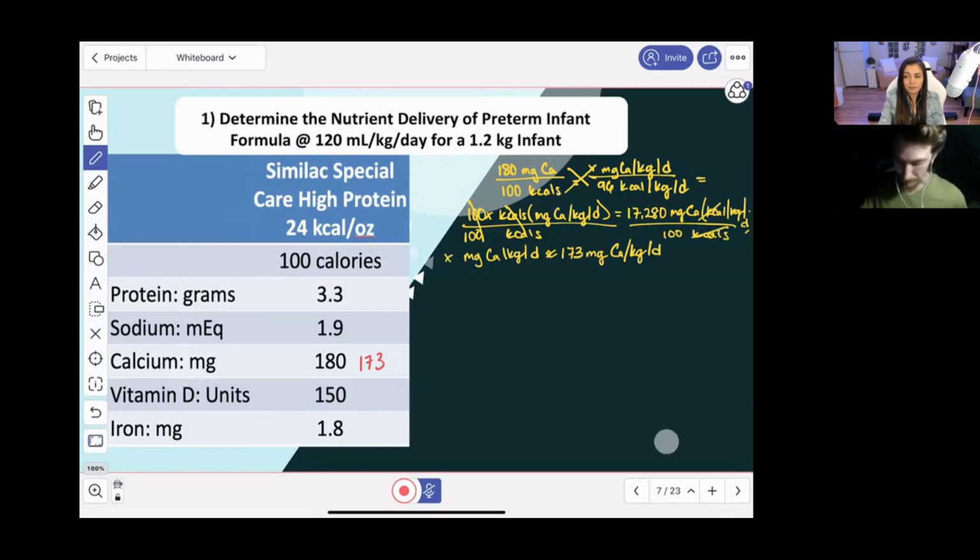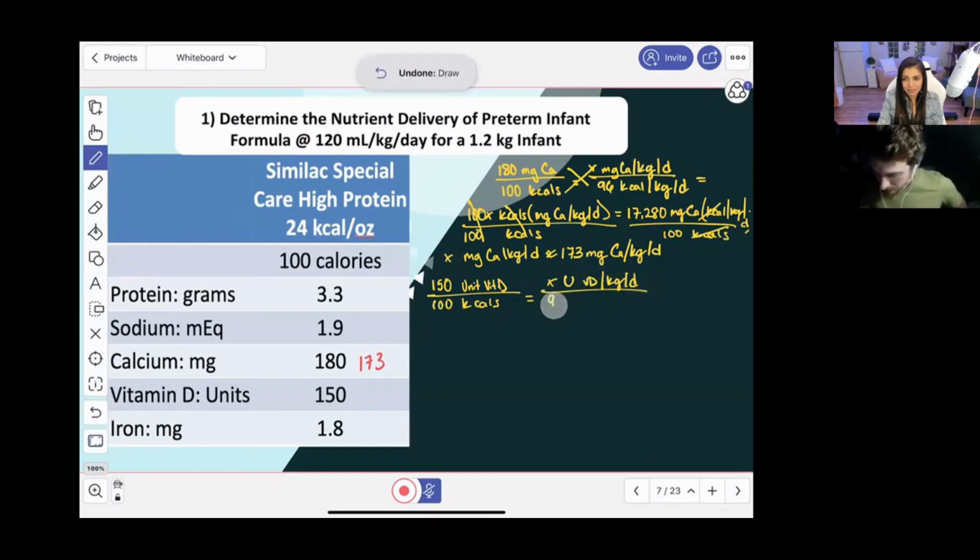So we're going to take what we have over how many calories, and equate that to X. I'm just going to write U VD, U for unit, just because otherwise I will run out of space. U per kilogram per day over 96 kcals per kilogram per day.